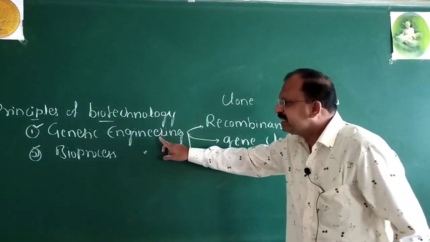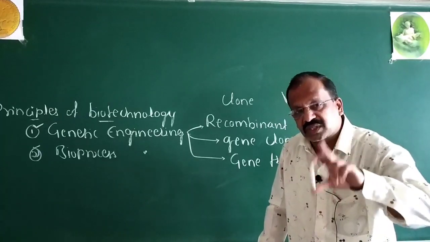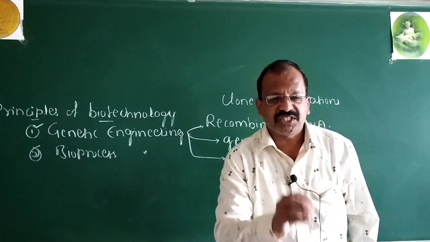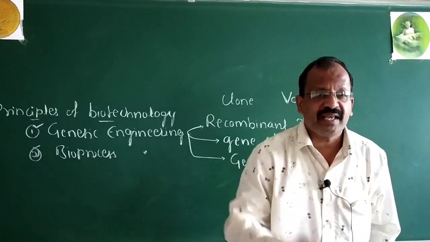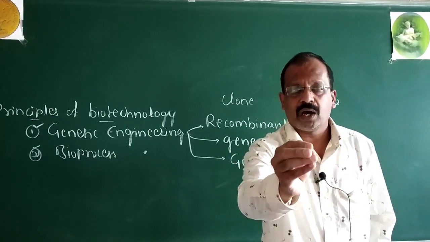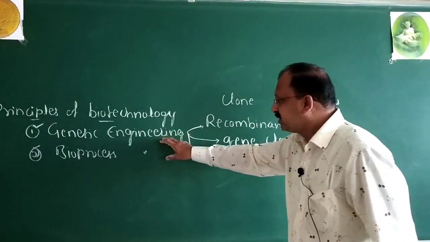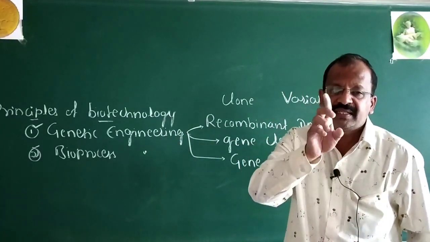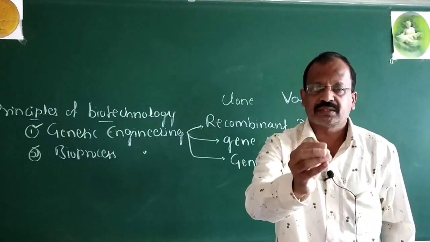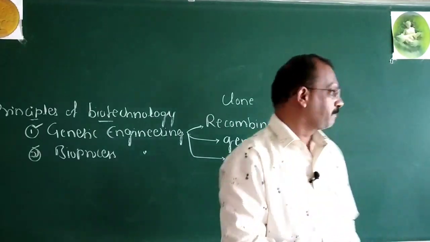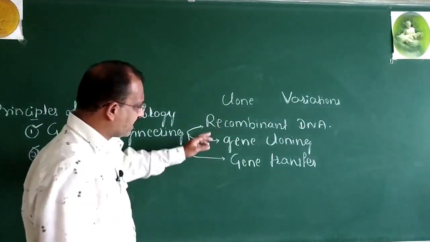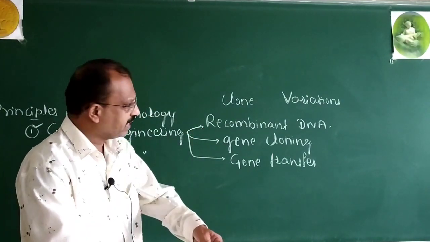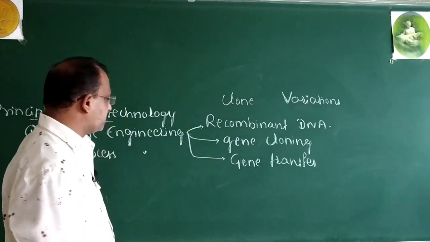But genetic engineering will enable to transfer only desired DNA to the target organism. So don't bother about all this recombinant DNA, gene cloning and gene transfer. In later classes, you will come to know this matter.